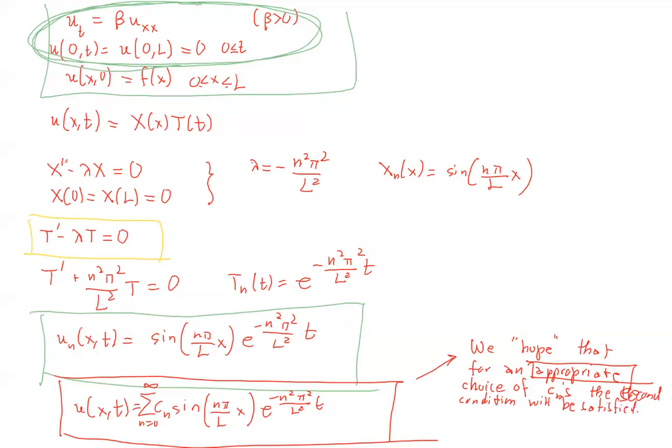So what is the second condition? The second condition is that u of x comma 0 should be equal to f of x. If you plug in t equals 0, then the expressions e to the negative n squared pi squared over L squared times t become 1. So basically this translates to the sum from n equals 0 to infinity of Cn sine of n pi over L times x should be equal to f of x.